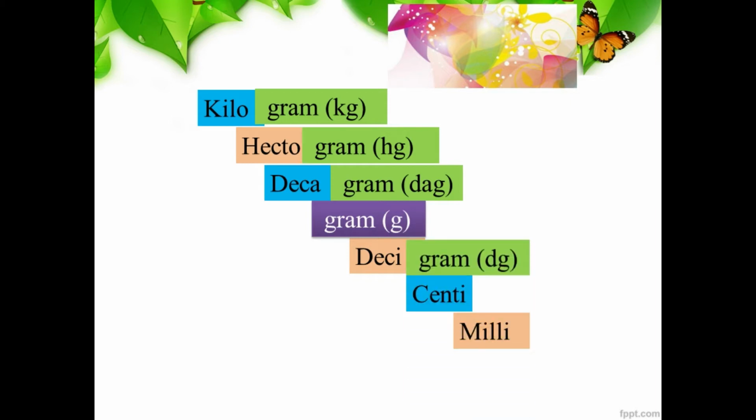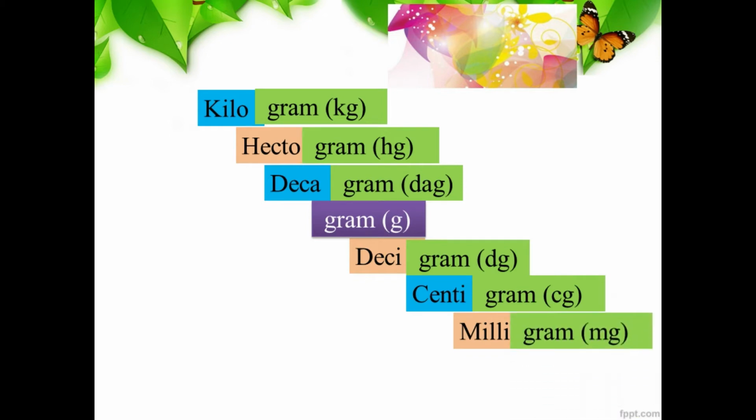With deci, it is decigram, shortly written as dg. What is the difference between decagram and decigram? There is an a added between d and g for decagram, but for decigram it is dg. You must keep it in mind. Then next centigram, written as cg, and milligram is mg.